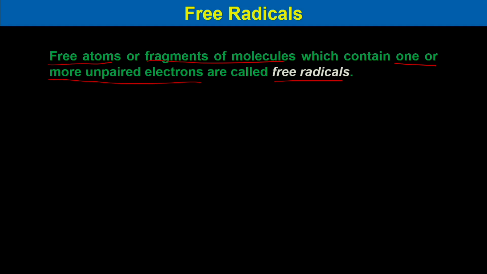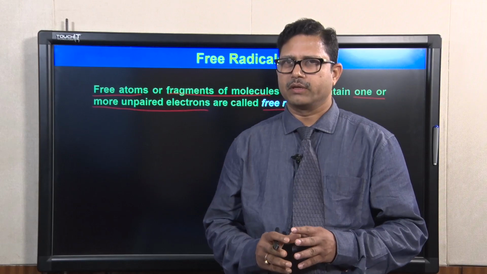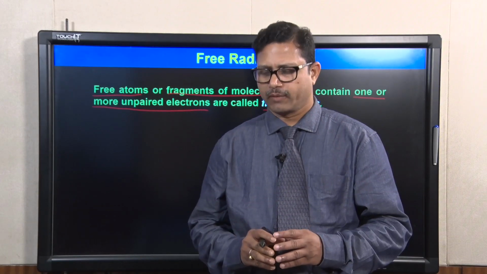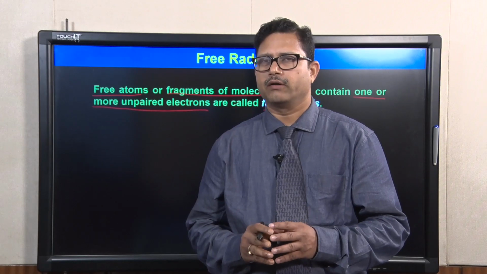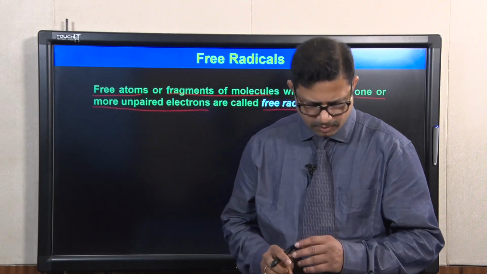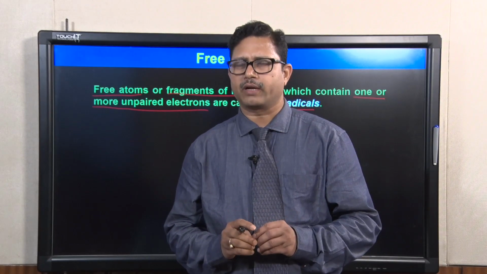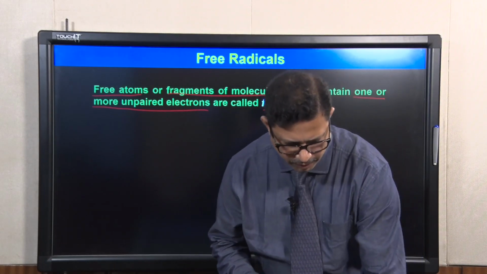Sometimes these free radicals may be stable intermediates, sometimes they are not stable. In most cases, free radicals are very unstable. One example of relatively stable intermediates is triphenyl methyl.